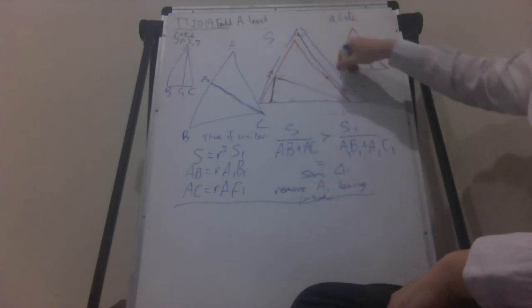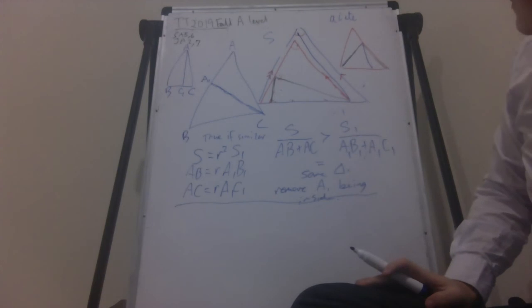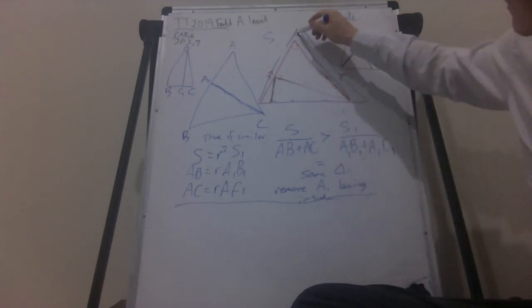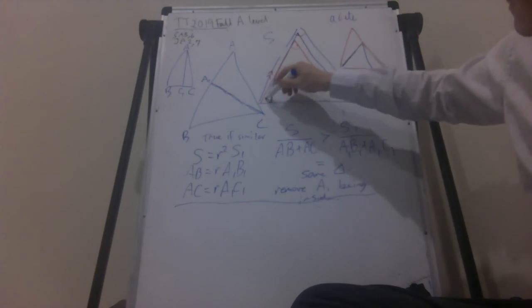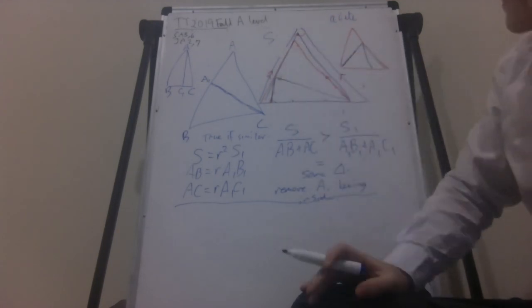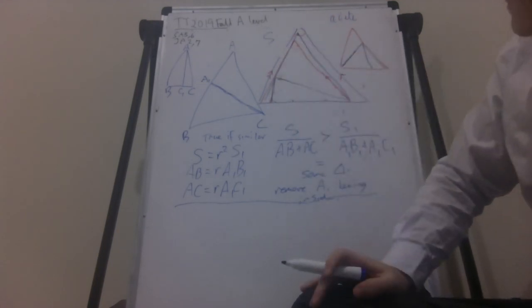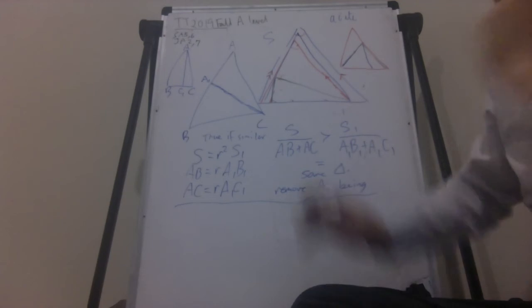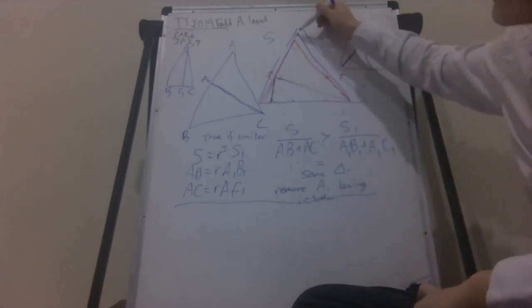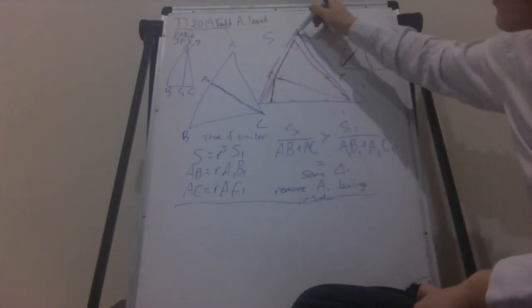There's another triangle here. But the point is, as long as the A is inside the triangle, right, you can always draw a similar triangle to cut it out.